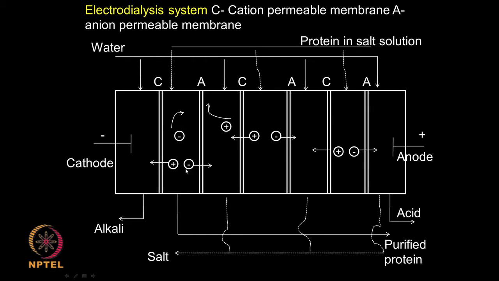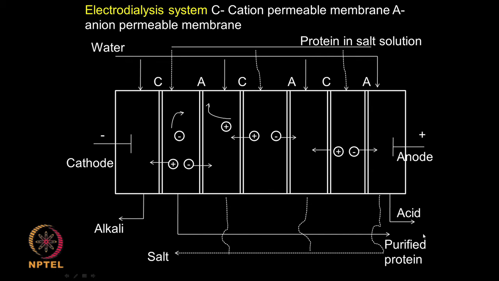With the positive and negative ions of the salt, the pluses will try to go one way, the minuses the other way, and the pluses cannot pass through an anion permeable membrane. So, there will be a concentration of the salts in alternate compartments, and a concentration of protein devoid of the salts in the others.